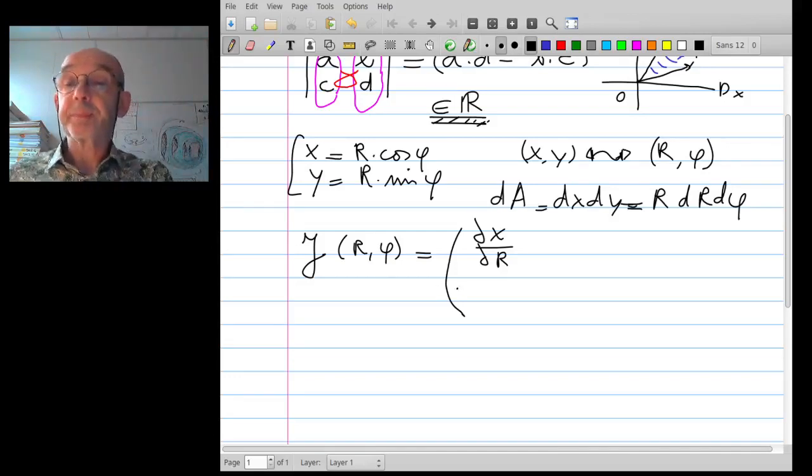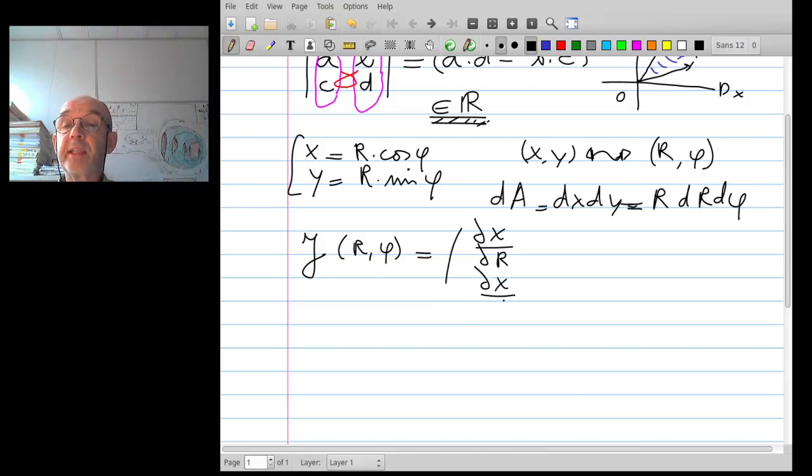Let's then do it: the x coordinate is the first coordinate, that we then do x_phi. So the first coordinate, the x, we differentiate to the first variable of the polar coordinates, in this case the r, and then we differentiate the first coordinate to the second variable phi, and then we have here the y_r, the y_phi.